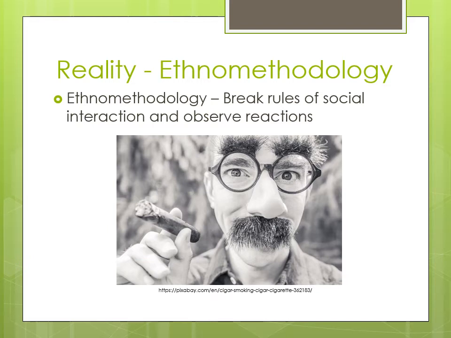You could do this for yourself if you want to be a social researcher by breaking one of the small rules in society. Next time you walk into a building, instead of facing forward, you might walk backwards and open the door backwards and see how people react. That's how we know how many rules there are in a society in any given day and any given circumstance.